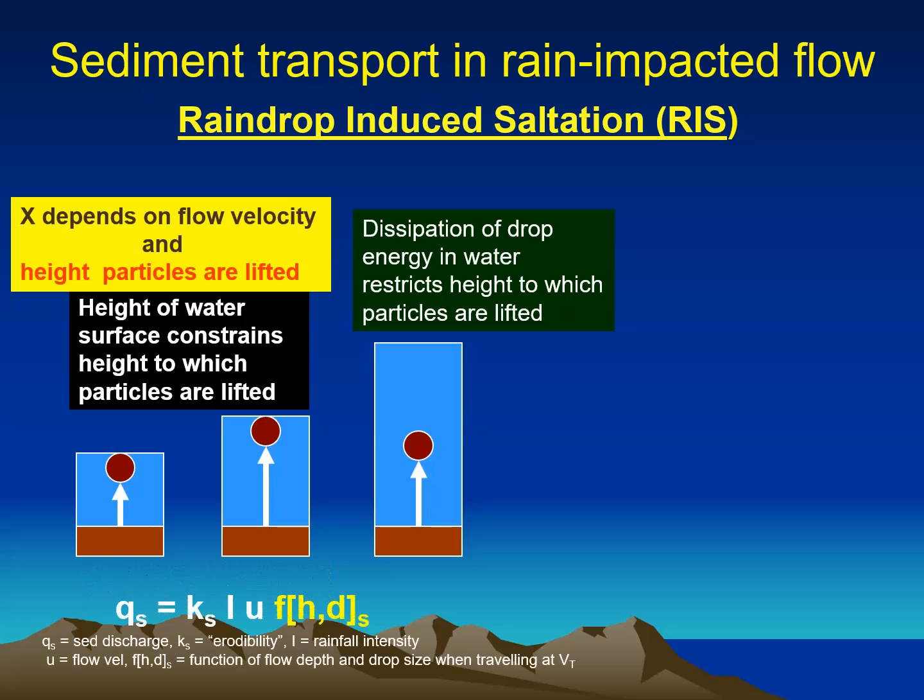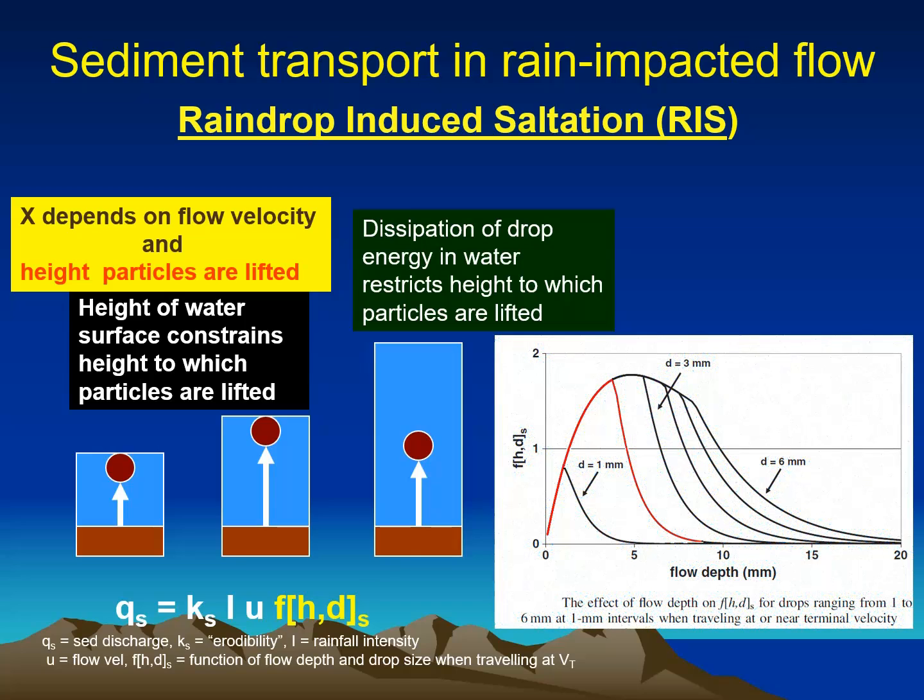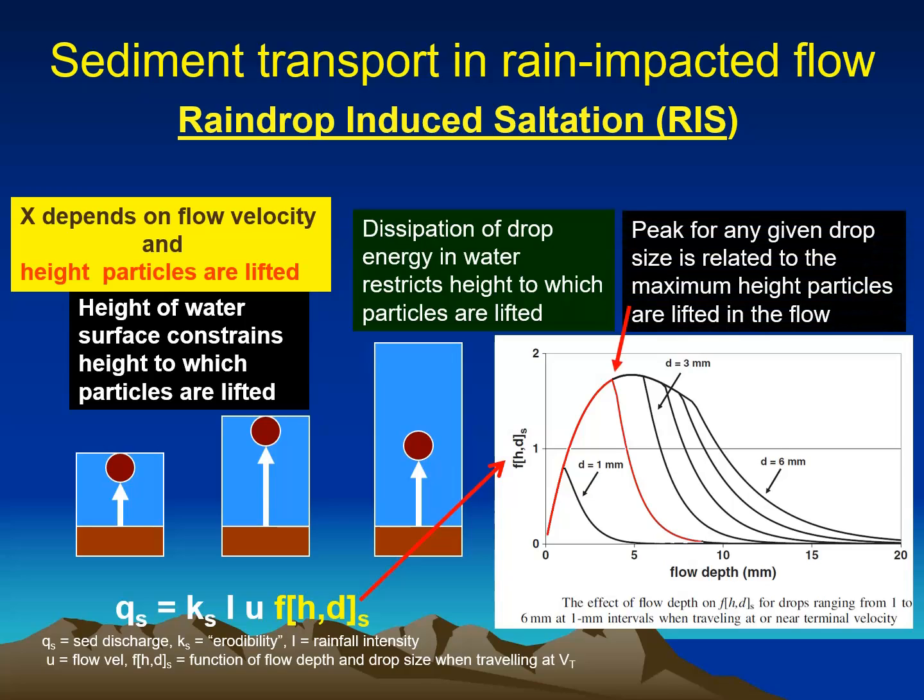As a result, we have an interaction between flow depth and drop size, which is represented by this function shown in yellow in this equation. That function is shown graphically in this graph, and the peak for any given drop size is related to the maximum height which the particles are lifted.